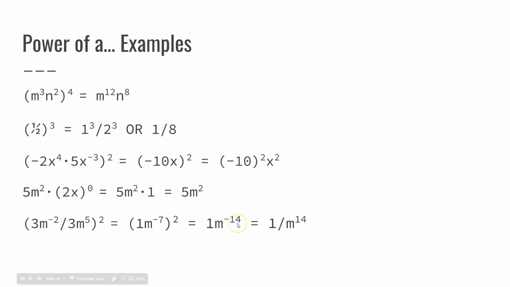That's why I got negative 14. Then we have our negative rule. So anytime you have a negative exponent, to make it a positive, change its location. Right now this is on top of a fraction. So we're going to take the m to the negative 14th and bring it to the bottom. The 1 stayed on top, and that's how we have 1 divided by m to the 14th as our final answer. Again, there were multiple ways you could have done this.